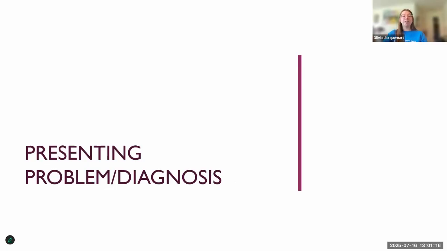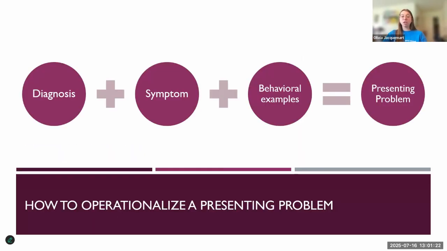And next, we're going to take a look at the presenting problem and diagnosis. So the presenting problem should include the initial symptoms of a mental health issue for which a person seeks help, as well as basic information about them, such as their name, age, gender. So we need to make sure to have the diagnosis, symptoms, and the behavioral examples of the symptoms.